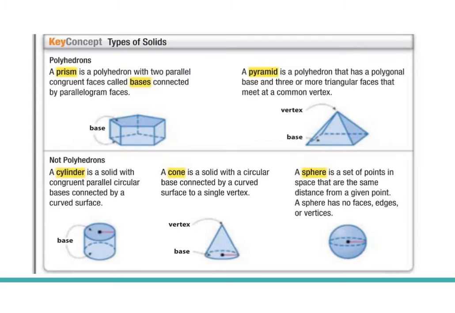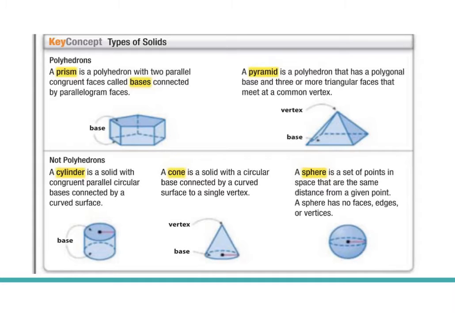So we have different types of solids. We have a prism, which is a polyhedron because all the surfaces are flat. And in a prism, we have bases that are connected by parallelograms. Then we have a pyramid, which is also a polyhedron because all the faces are flat. It has a vertex and a base.